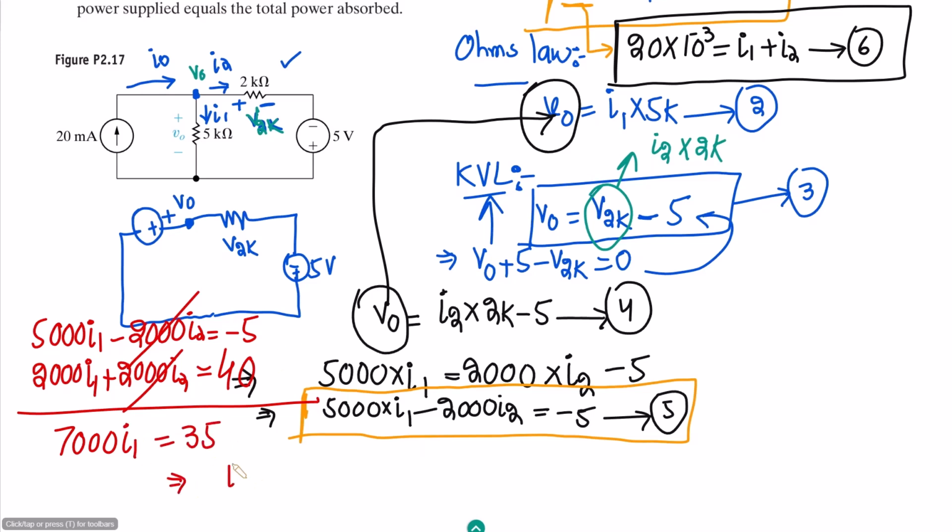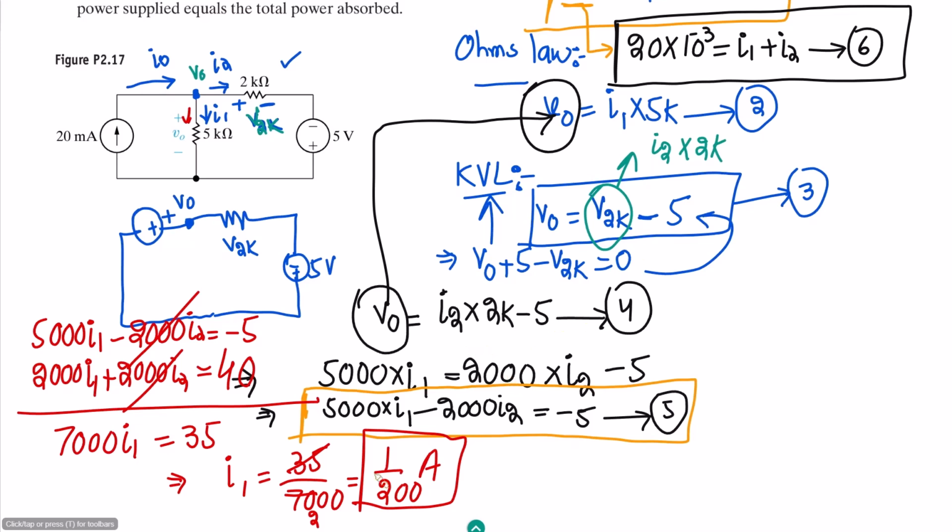From it, the value of I1 will be 35 divided by 7000, so it will be 1 over 200 amps. So this is the value of I1, which is the current here.